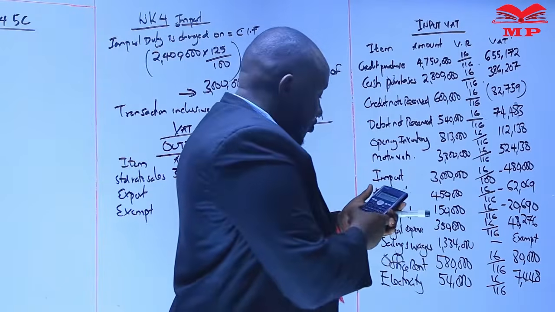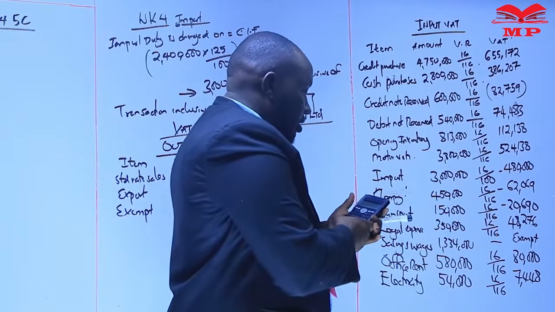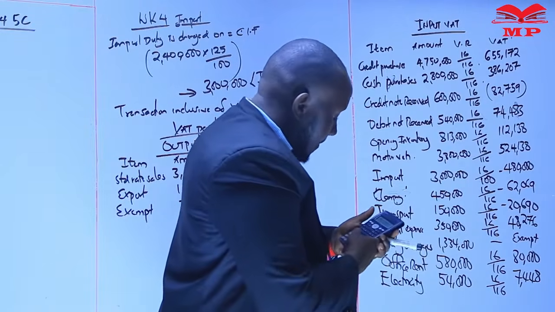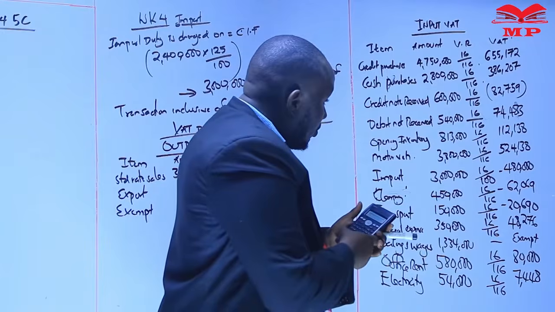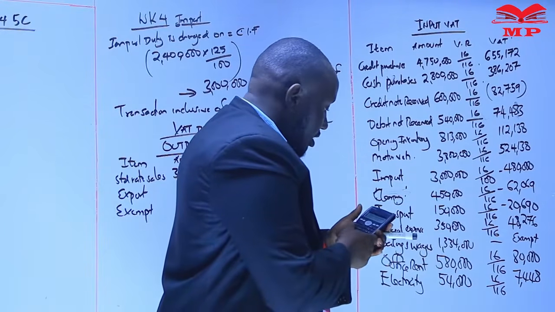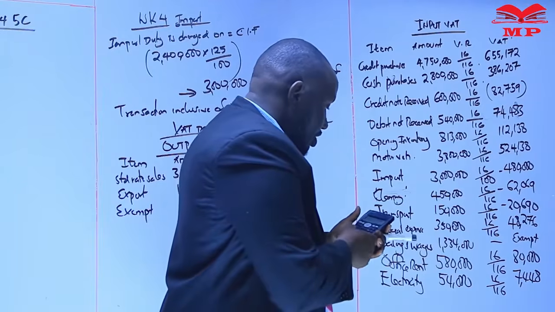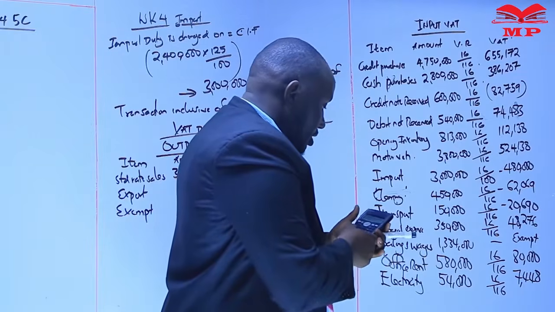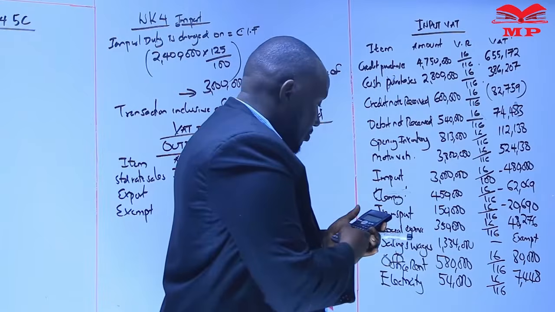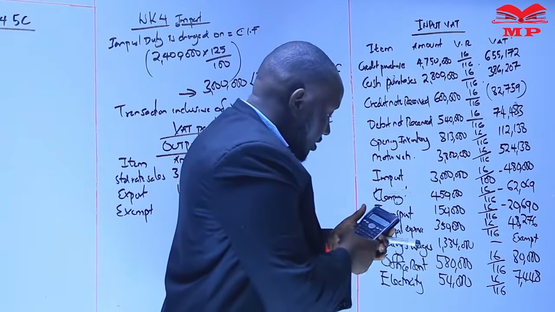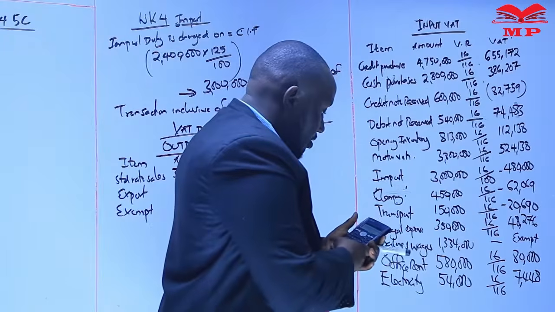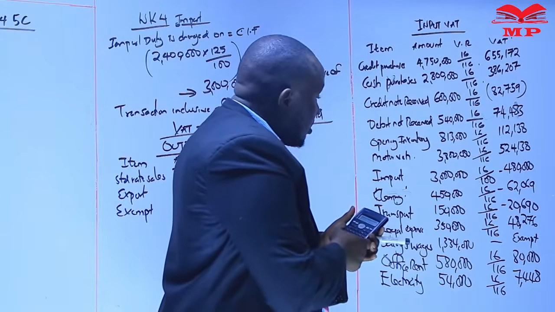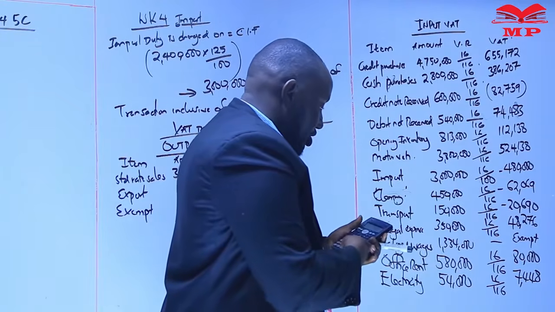Then plus 480,000, plus 62,069, plus 20,690, plus 80,000, then plus 7,448.